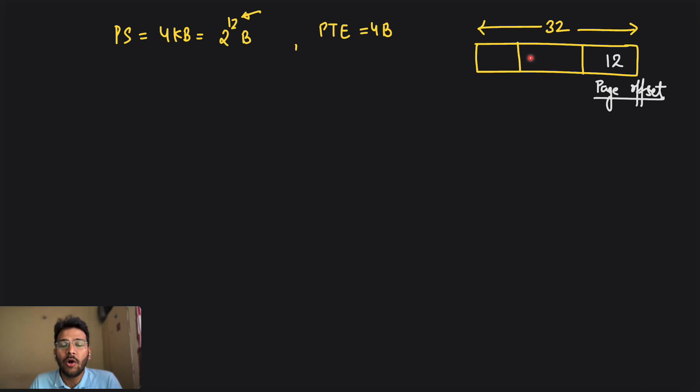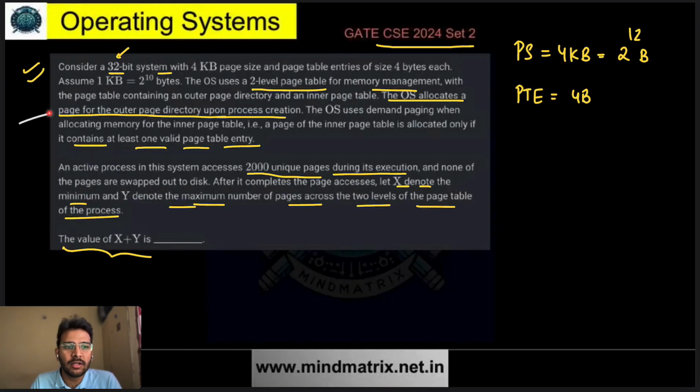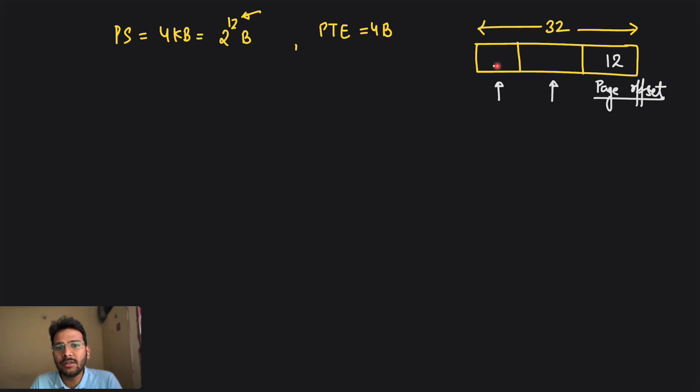How to know how many bits are present here at the outermost level and how many bits are present at the innermost level? So here, if you see this line, the OS allocates a page for the outer page table directory upon process creation. We know that the bits present here, 2 raised to the power that represents what? The number of entries, the chunk size at that level. Yes or no?